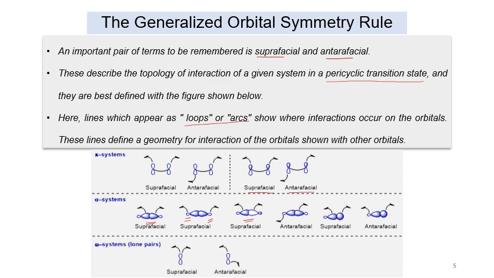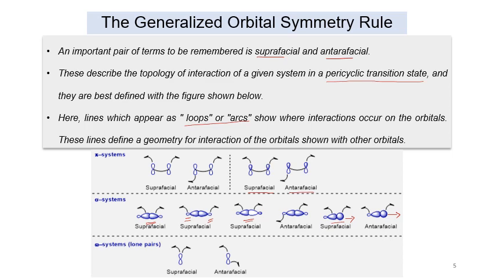Same is true for a sigma bond with an s system involved, like you see here. When the same ends are reacting, then it is suprafacial. If the opposite ones are reacting, then it is antarafacial. For the omega systems, that are the lone pairs, if one of the lobes is reacting, then it is suprafacial.